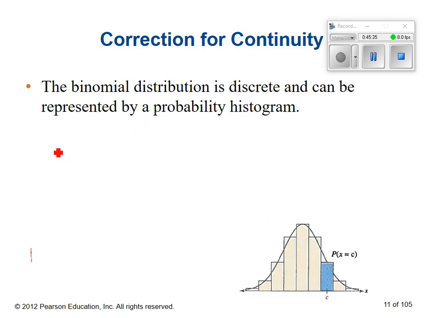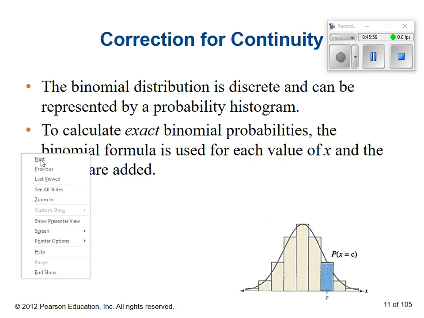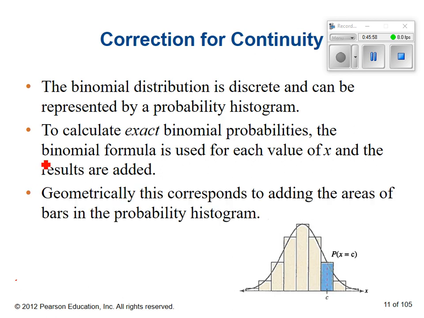Binomial distribution is discrete and represented by the probability in the histogram. That's what we talked about earlier. When we were doing the binomial stuff, we were finding the area of each bar and adding them up. To calculate exact binomial probabilities, the binomial formula is used for each value, and we add them all up. Geometrically, this corresponds to the areas in the bars.